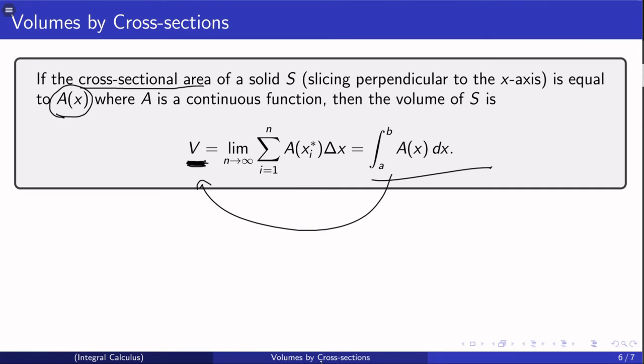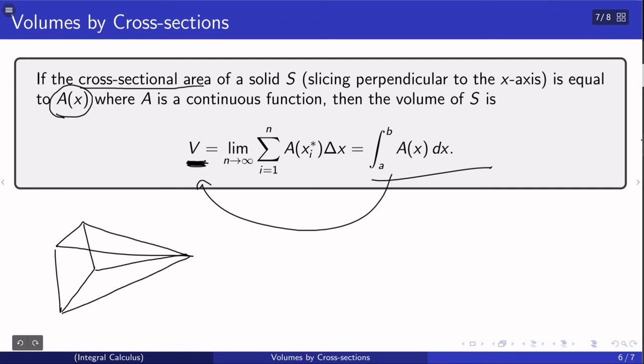And it doesn't just work for spheres. You can have maybe a square pyramid that looks like that. It's on its side because I wanted to have cross sections perpendicular to the x-axis. So you can think of it like the x-axis here.